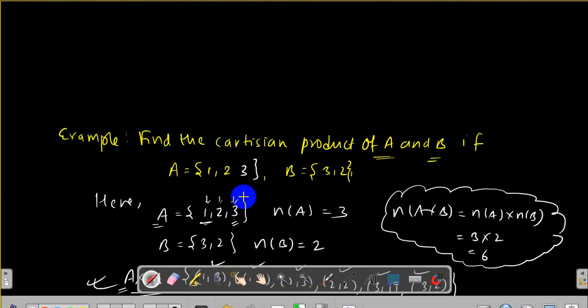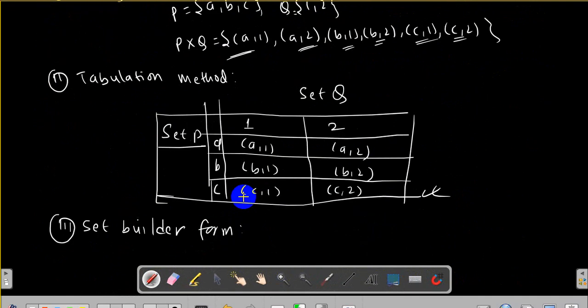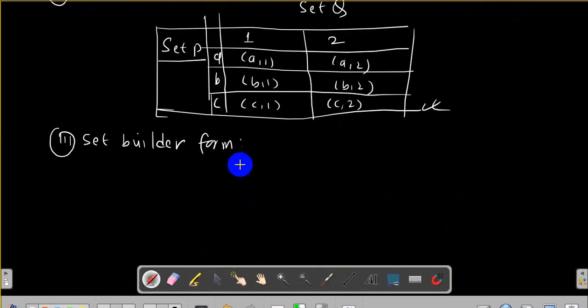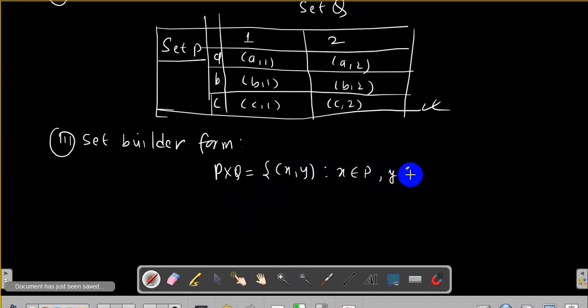What we are told is P cross Q equals the set of ordered pairs (x, y) such that x belongs to set P and y belongs to set Q. This is called the set builder form of the Cartesian product of P and Q. This is always the same.